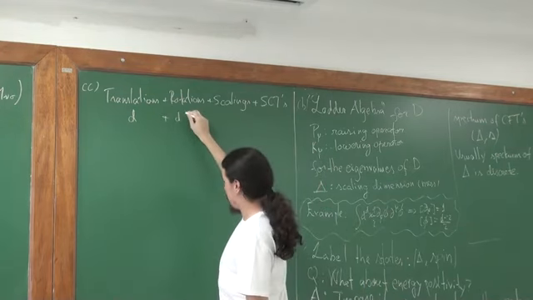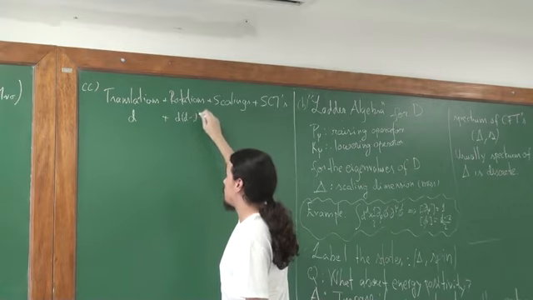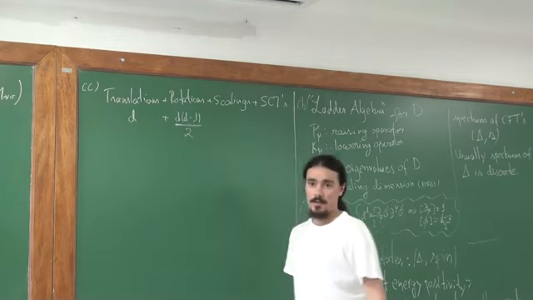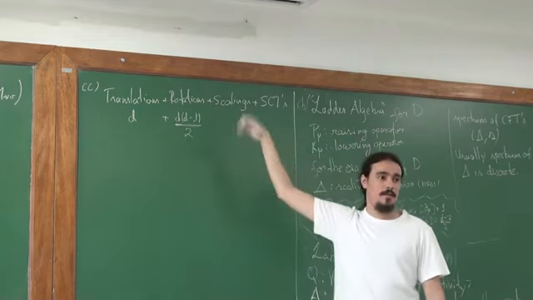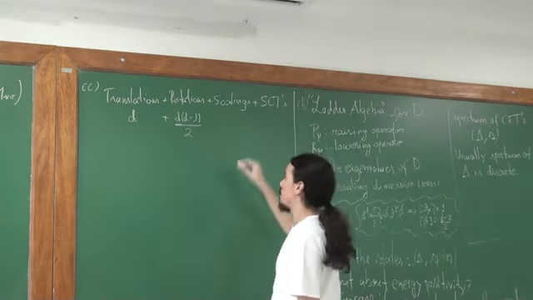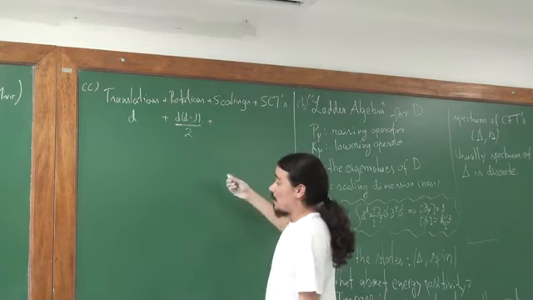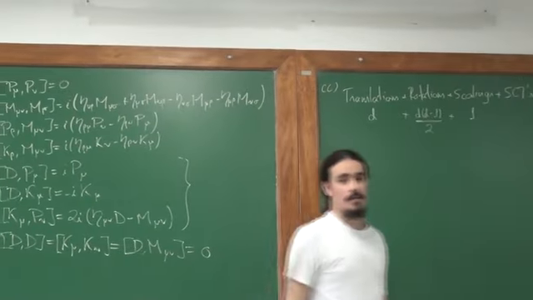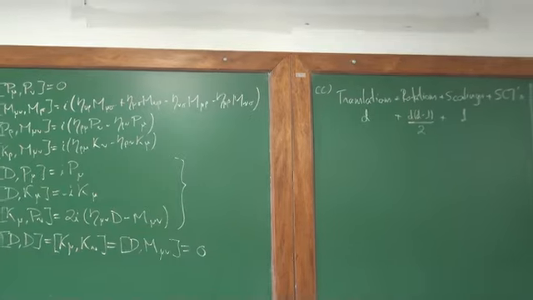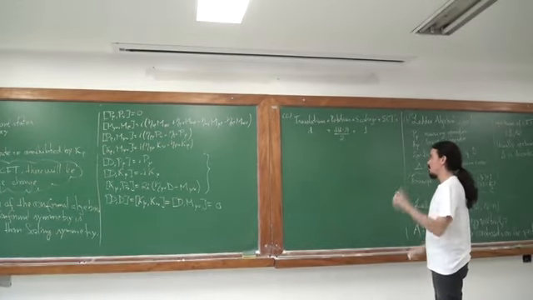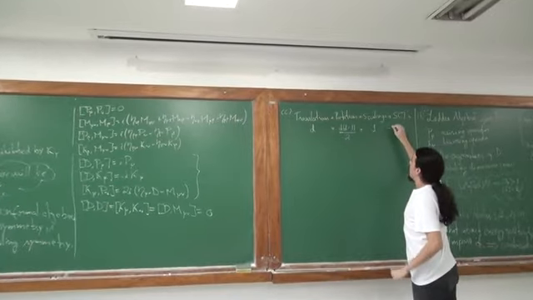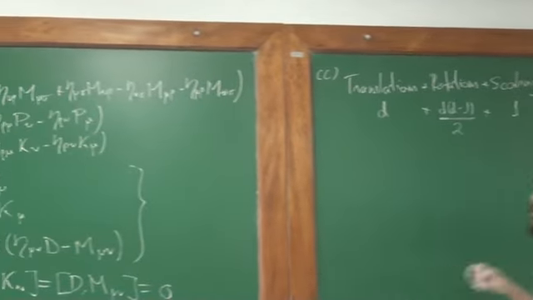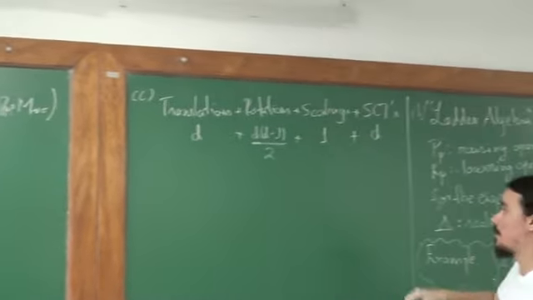Rotations: you might recall that in D dimensions we have D times D minus 1 over 2 rotations. Just plug in D equals 3, D equals 4, if you don't remember. Scalings, we just have one. It's just a scalar generator. Remember, it's just zooming in, zooming out, every direction simultaneously, so it's just one generator. And SCTs are again generated by a vector generator, so we have D special conformal transformations in D dimensions.